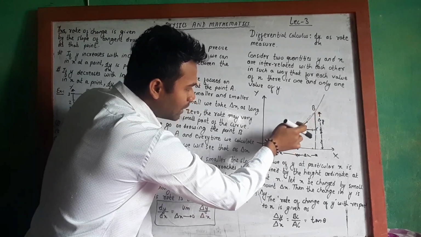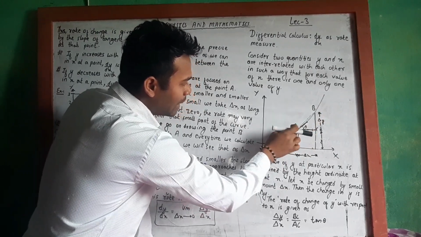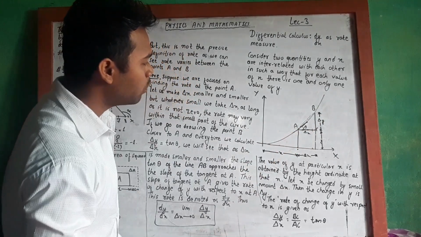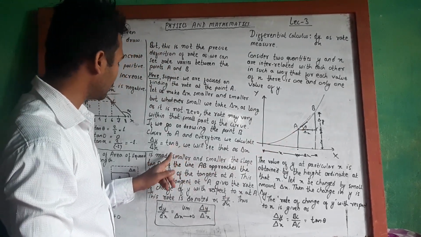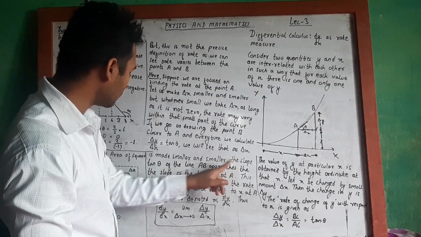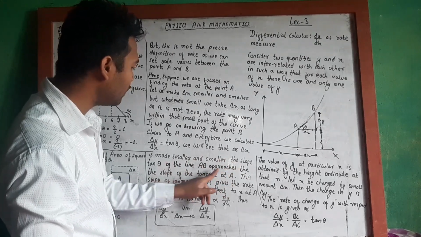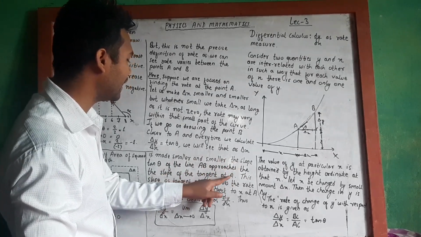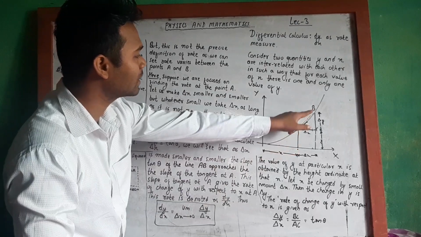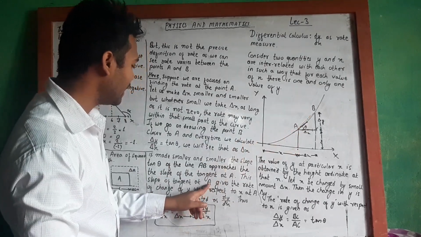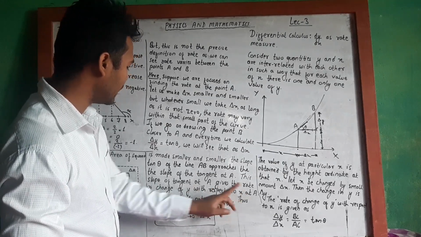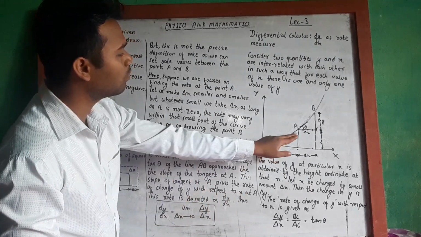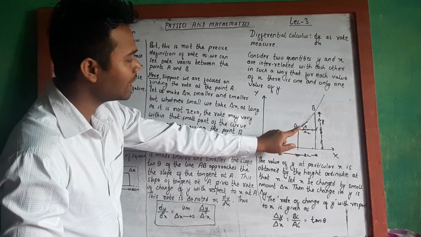This line BA tries to be the tangent at A, and that's why the slope, the tan theta of the line AB, approaches the slope of the tangent at A. This line will be the tangent at A, and it gives the rate of change of y with respect to x at A.